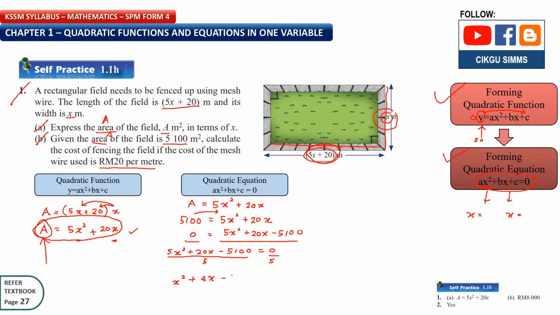And then 5,100 divided by 5 is 1,020. So x squared plus 4x minus 1,020. So this is your equation. It's already in this form. Now I need to solve it to find the value of x.